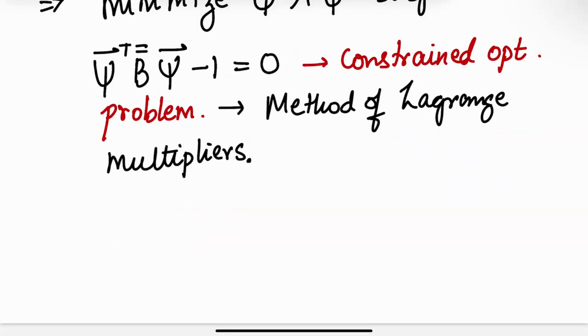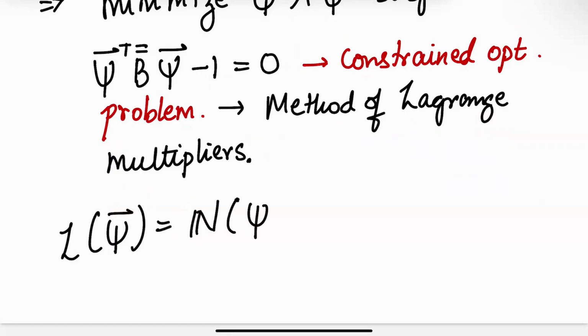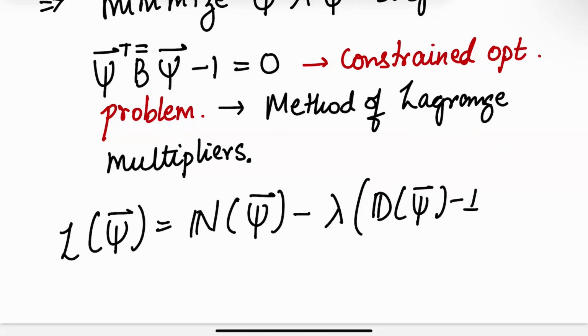Okay, so in other words, you start with a Lagrangian, which is, say, the numerator psi minus lambda times the constraint, which is the denominator of psi minus 1. That's the constraint where you set this to 0. Okay, so this is the Lagrangian, and you take the gradient of this Lagrangian with respect to psi, and you set that to 0.